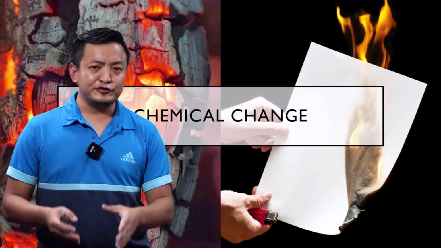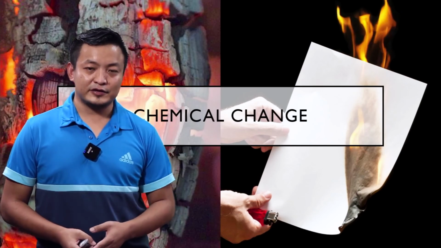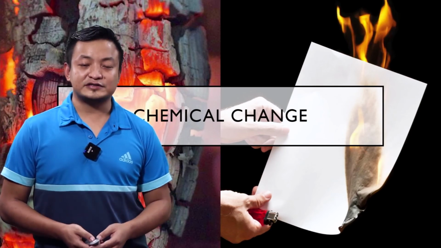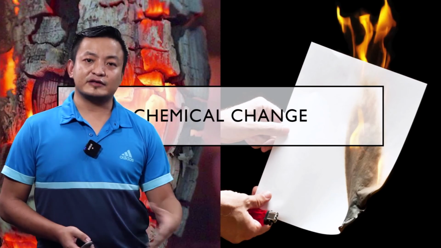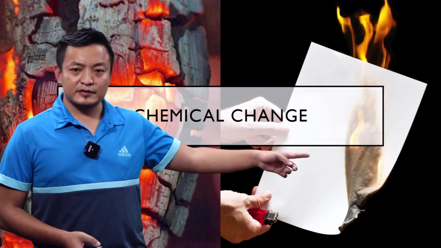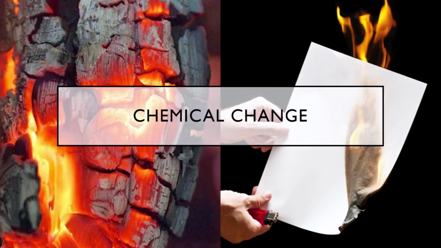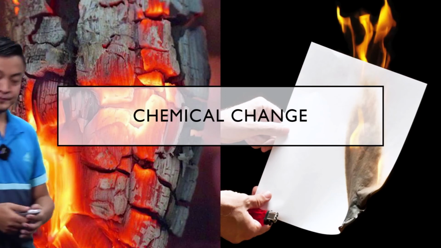We get a new substance. Okay? So we will see activities for chemical change, but you can write down examples such as burning of paper and burning of firewood. Okay? So we will see the activity.